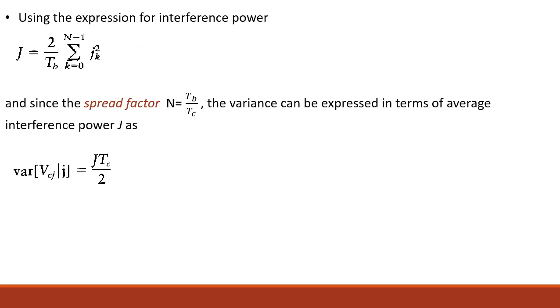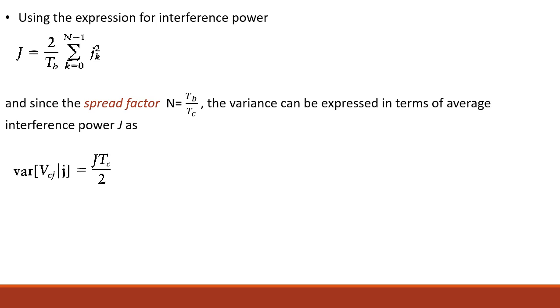Next we use the expression for interference power which we had calculated earlier, that is capital J is equal to 2 by Tb summation k going from 0 to n minus 1 jk square, and the spread factor capital N is equal to Tb by Tc.